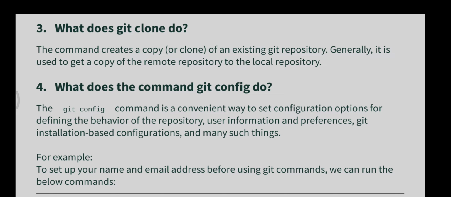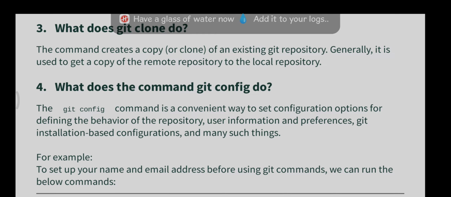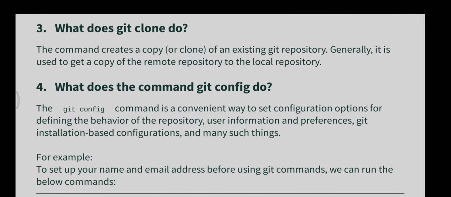What does the command git config do? The git config command is a convenient way to set configuration options for defining the behavior of the repository, user information and preferences, Git installation based configurations and many such things.